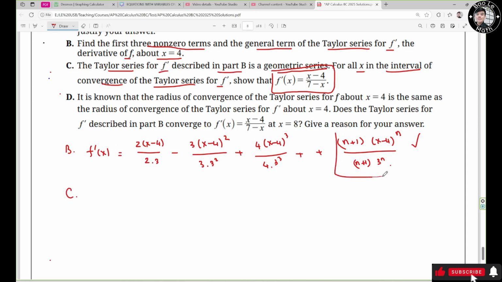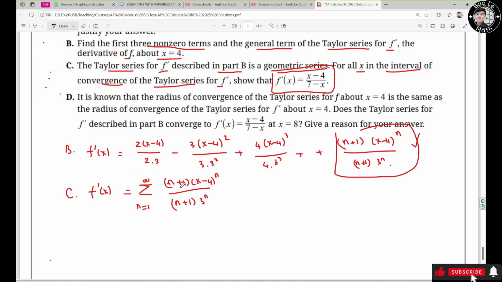So we have f prime of s is going to be the sum of (n plus 1) times (s minus 4) raised to the n over (n plus 1) times 3 raised to the n, when n goes from 1 to infinity.